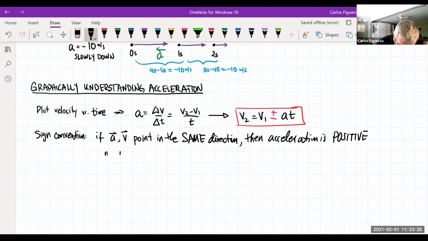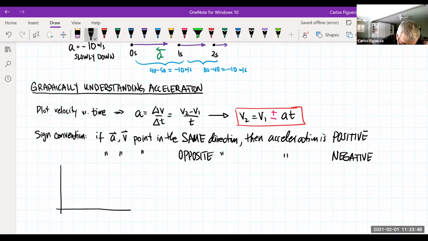If A points in the opposite direction, then acceleration is negative. So what do I mean by that? Well, if I plot velocity here, and I move at a constant velocity, this line here represents V equal to a constant, and it will not change.